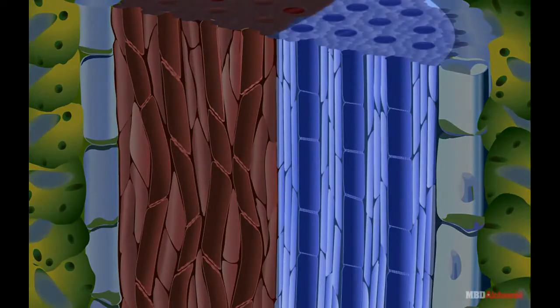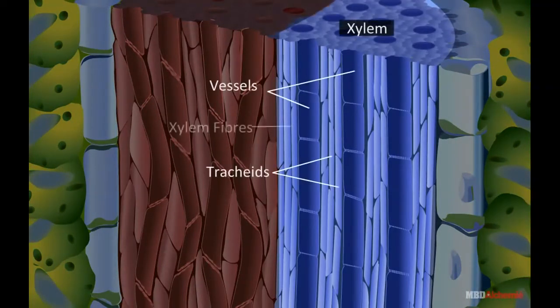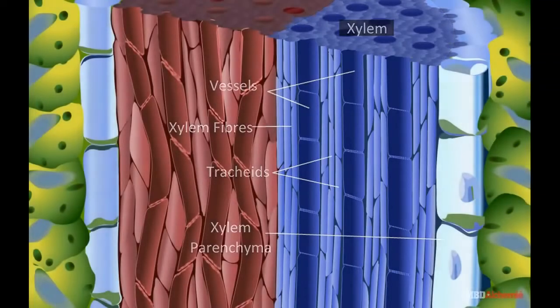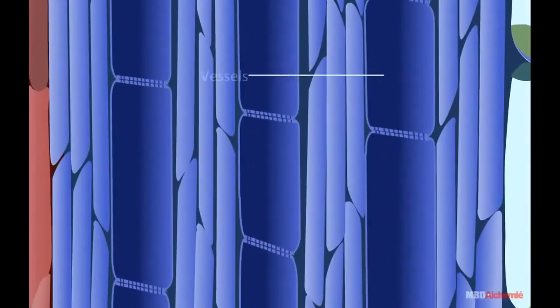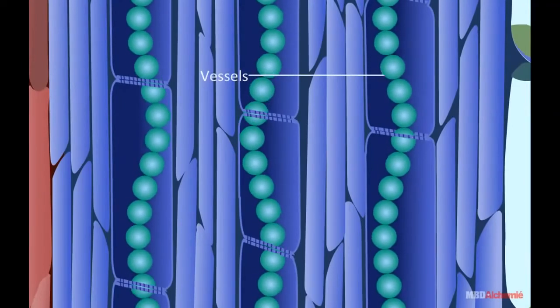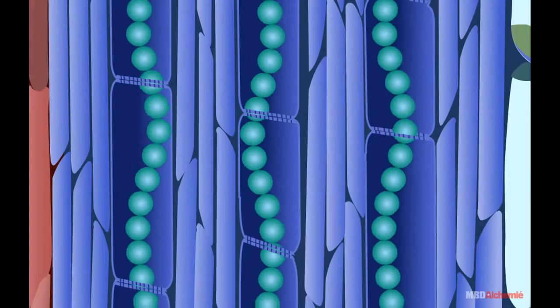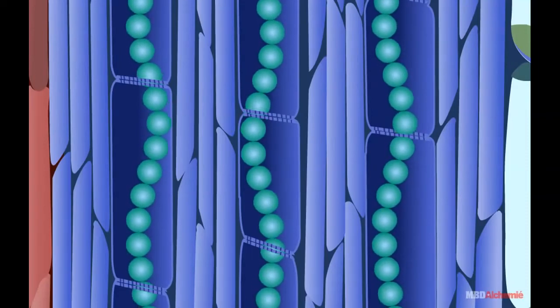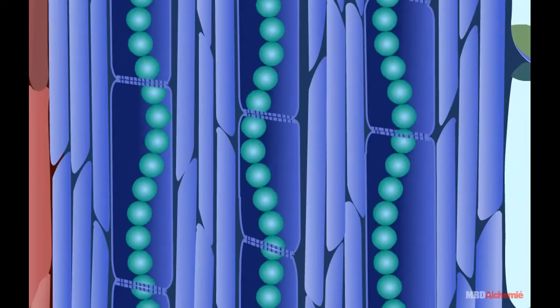Xylem. Xylem is composed of vessels, tracheids, xylem fibers, and xylem parenchyma. Vessels are continuous tubes formed from dead, hollow, cylindrical cells arranged end to end. Their intervening walls are absent due to dissolution.